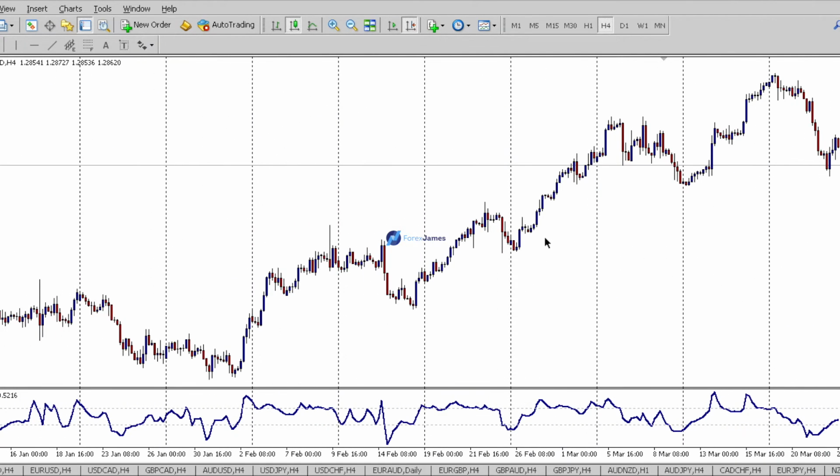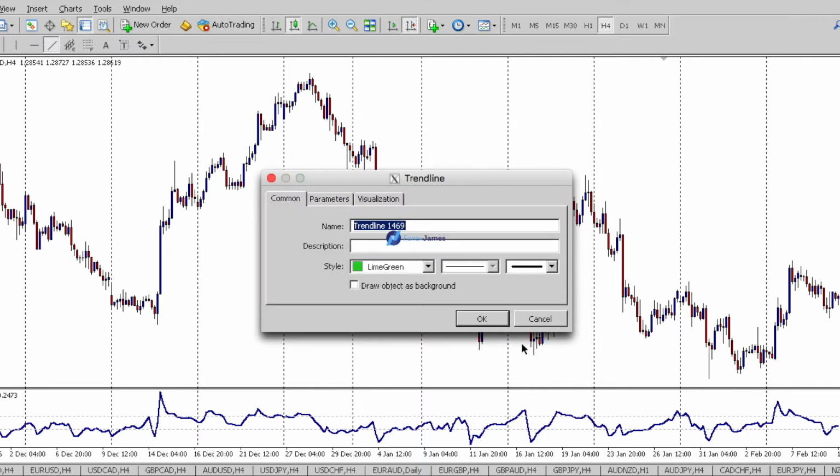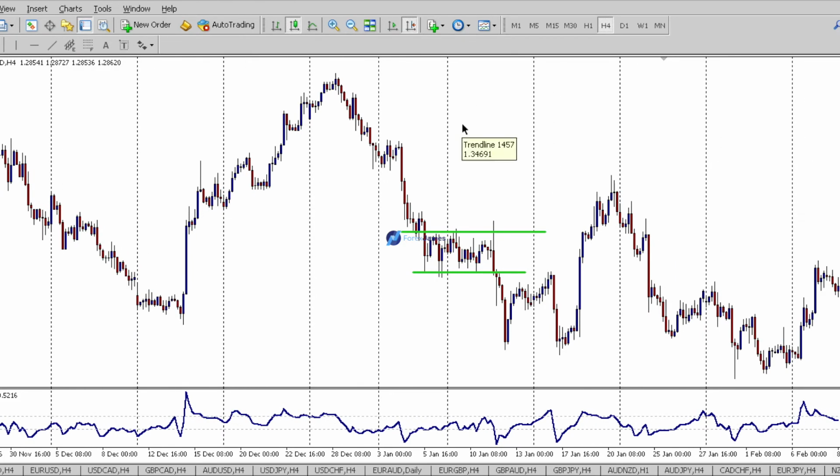All right, let's take a look at an example that has happened. Let's scroll back here. Okay, here's one. This is another level. It's basically just a range. It's a period of range that's been happening for some time, and it's awaiting a breakout. What happens before that breakout happens? Eventually, a stop hunt. Okay, so where do we put our stop losses?